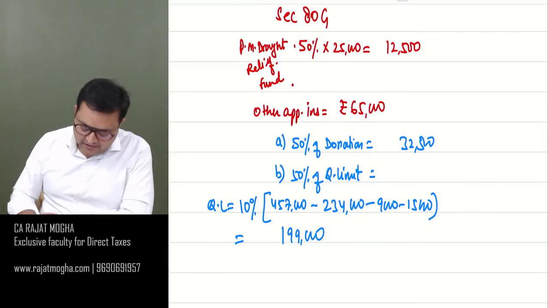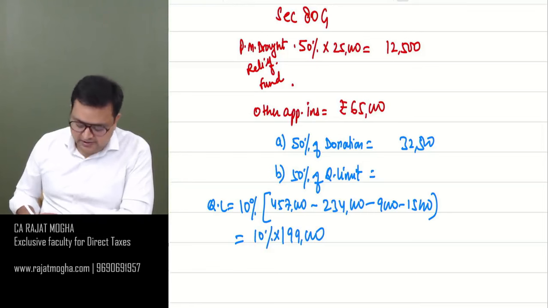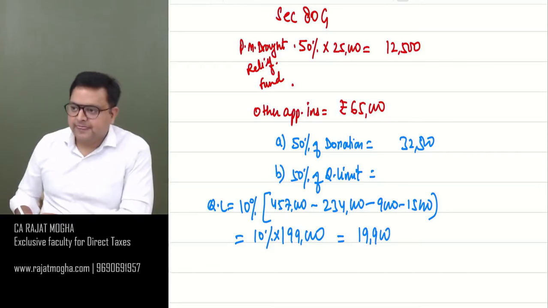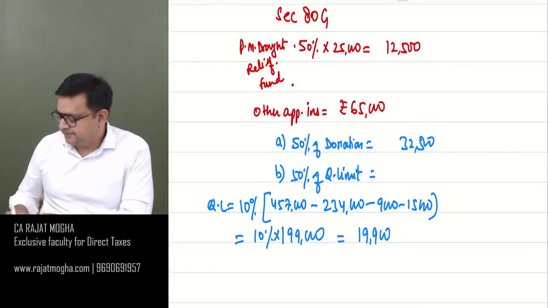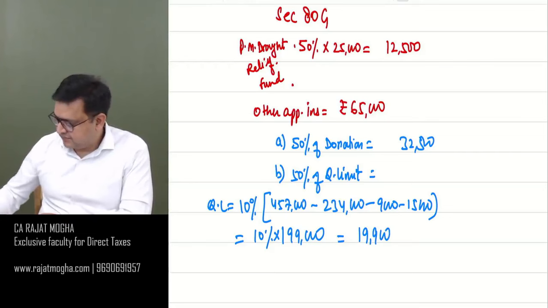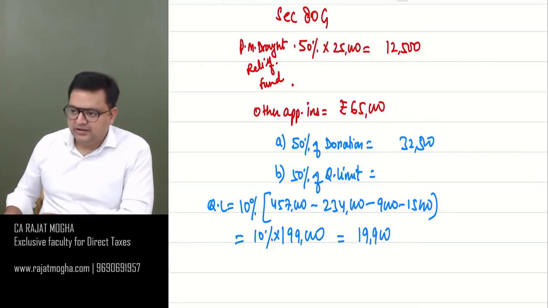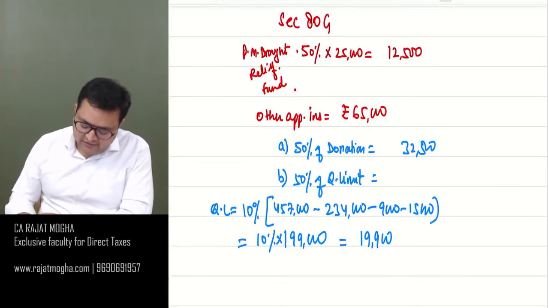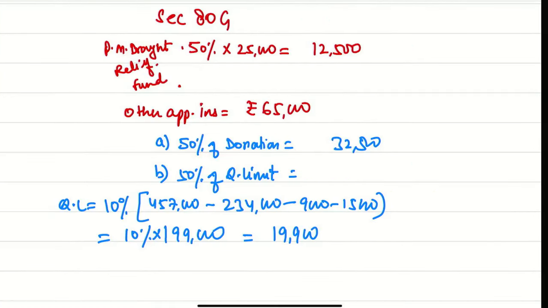The qualifying limit is 10% of that, so the qualifying limit is actually 19,900. Correct? Now, what is this saying? 50% of the donation or 50% of the remaining qualifying limit.